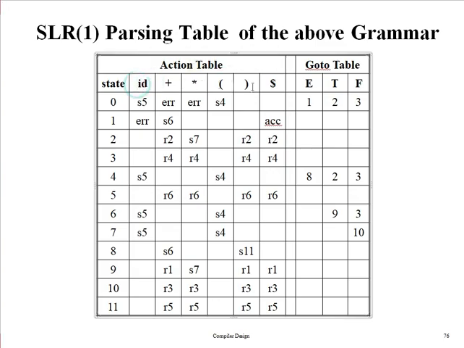As you can observe from the given grammar, the terminal symbols are id, plus, star, opening bracket, closing bracket, and finally the dollar sign. The dollar sign is not a terminal symbol in the grammar, but it is used as a special terminating character, which is why it is added as a column in the action table.